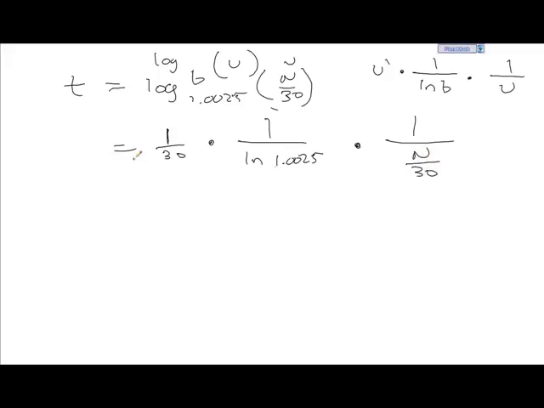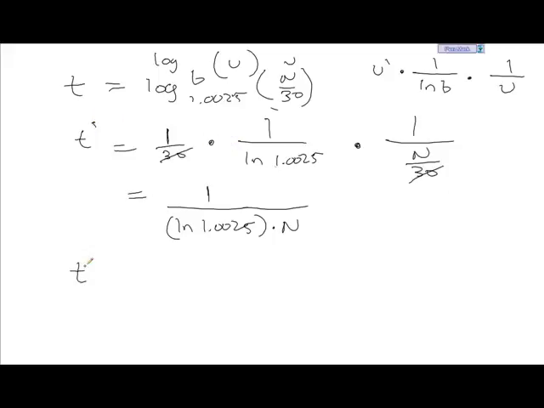And so now I can do a little bit of simplification here. I have a 30 down here, and I have an n over 30 down here, so those two things will cancel out. And I will be left with 1 over the natural log of 1.0025 times n. And there's my derivative. I'm done with that. That's my t prime.